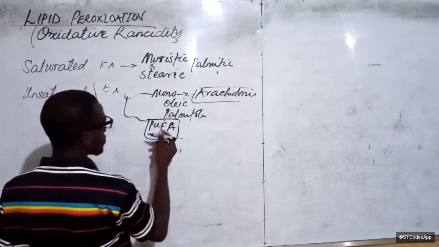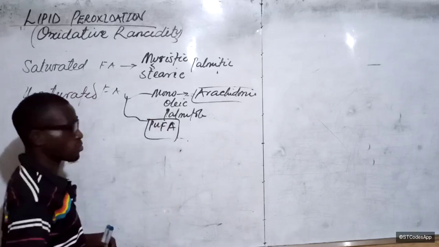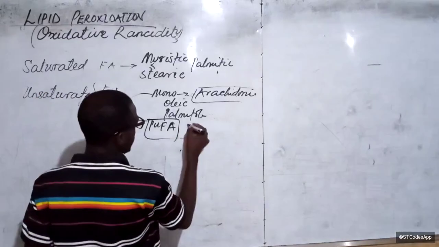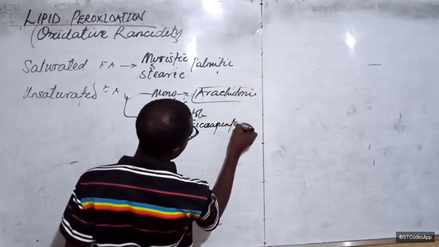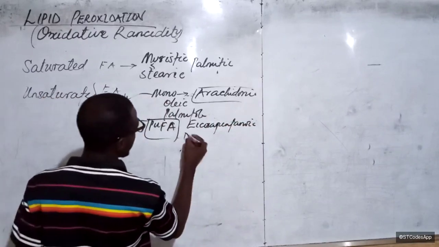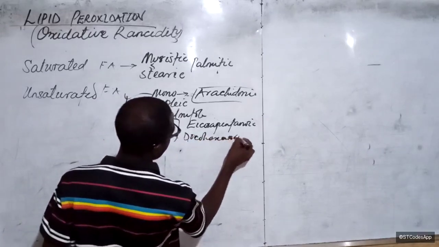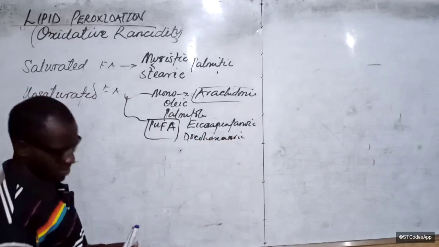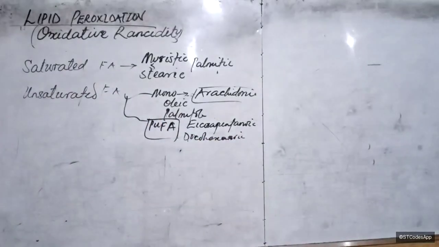Since fish is highly abundant in them, fish contain more PUFAs than monounsaturated. For the PUFAs, we have eicosapentaenoic acid and docosahexaenoic acid. All of those higher fatty acids are what make up the polyunsaturated fatty acids.